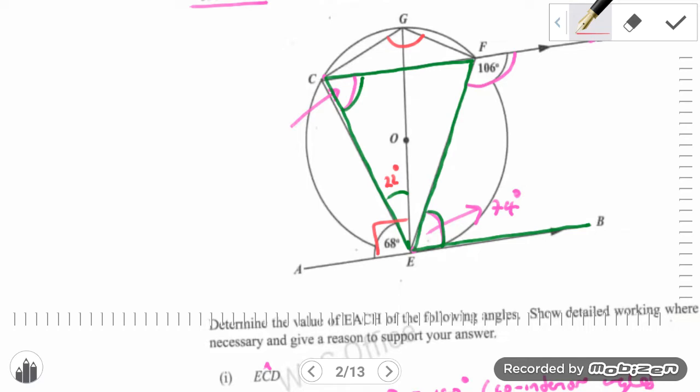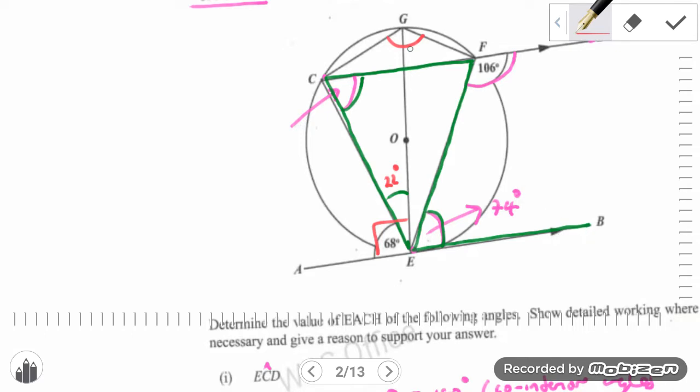All right. Very good. Now, CGF is quite easy to find. And again, when I use the word easy, it is relative based on how much of the circle geometry you know. Now notice that we found the 22 by taking the 68 away from 90 because the diameter CEGE meets the tangent AEB at 90.